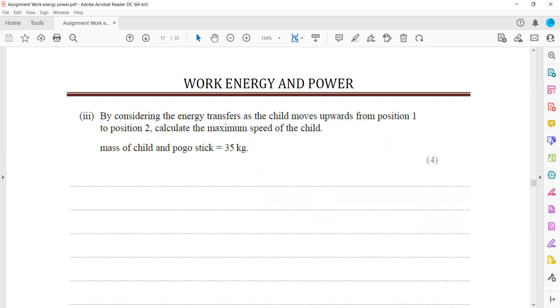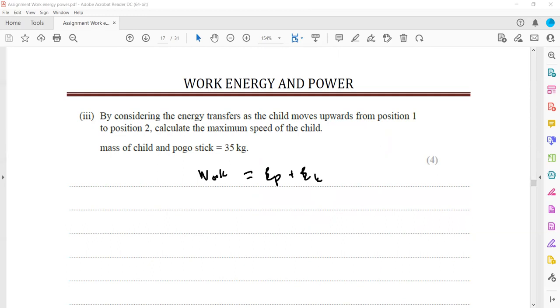As we want to calculate the maximum speed, the total energy, the work done by the child on the spring is equal to potential plus kinetic. So here, the work done by the child, because he's gaining height, the potential energy will be there and there will be a kinetic energy.